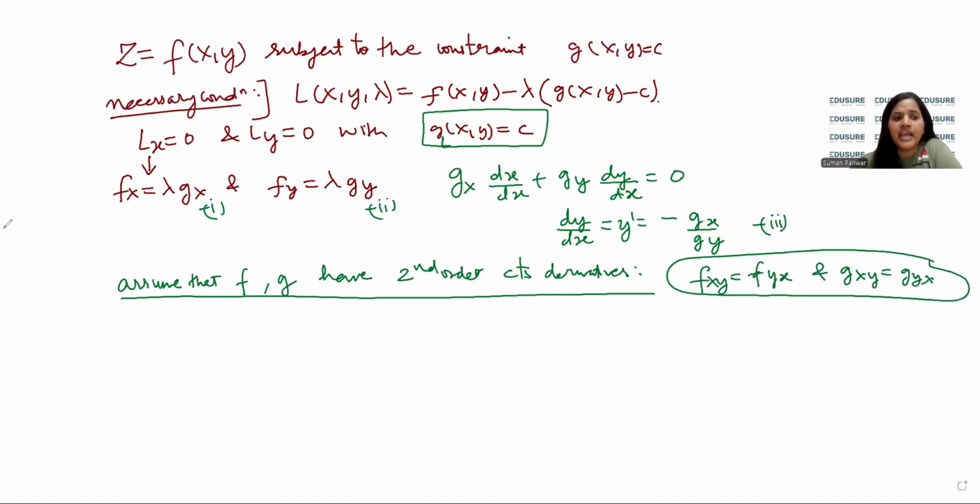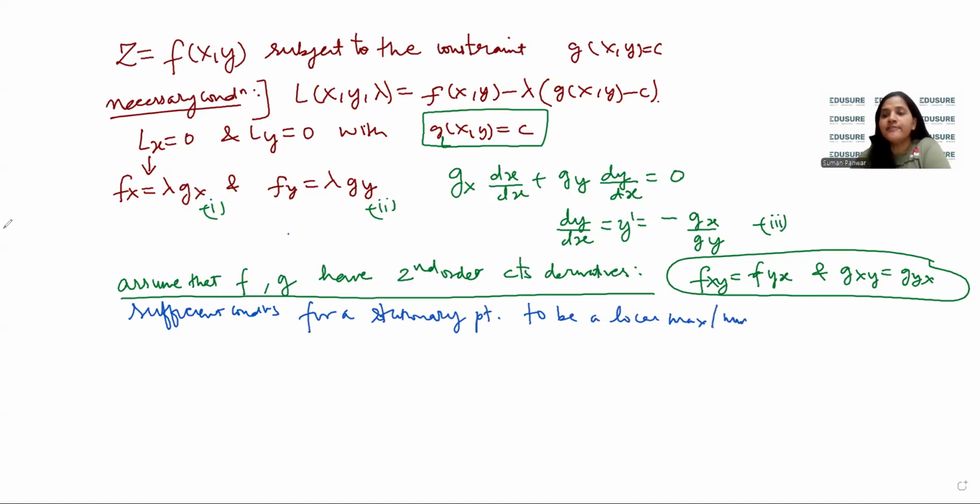Now, the aim is to obtain sufficient conditions for a stationary point to be a local max or min. As in the first derivative case, when we have a function of one variable, what do we do? We put the derivative equal to 0.